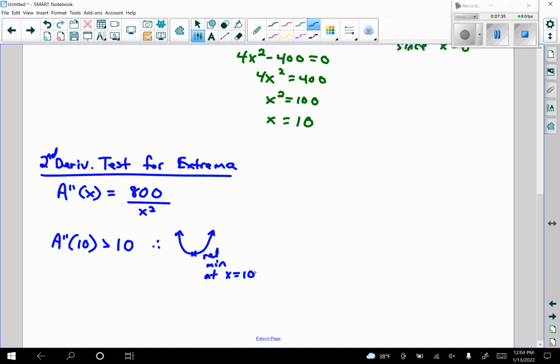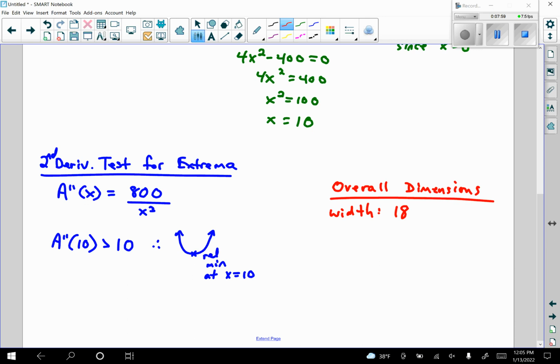And again, the question is, what overall dimensions? So the width was the x plus 8, and x is 10.